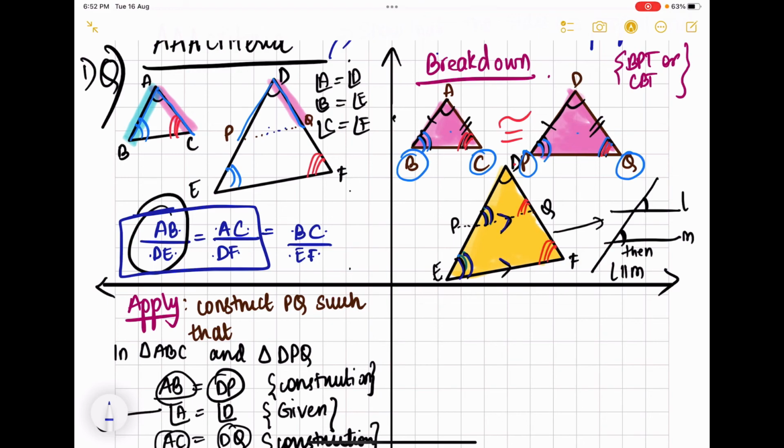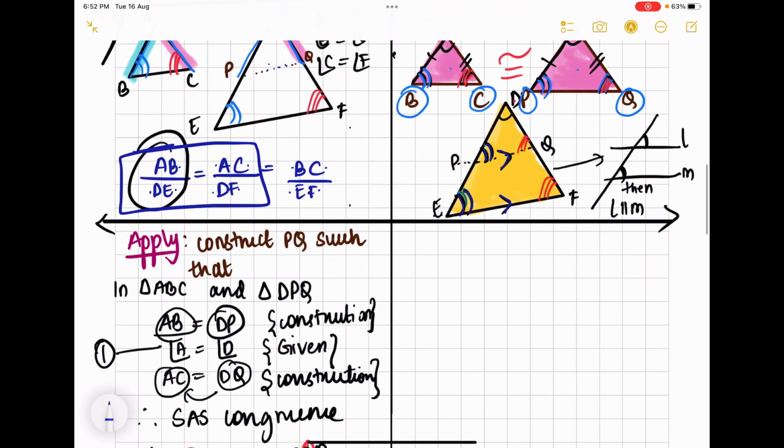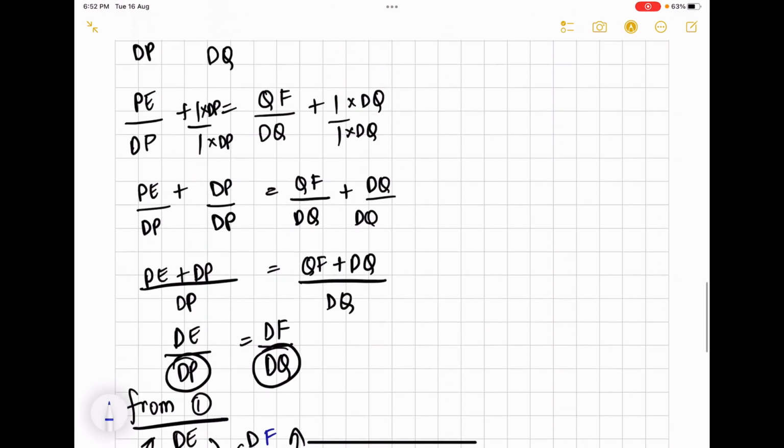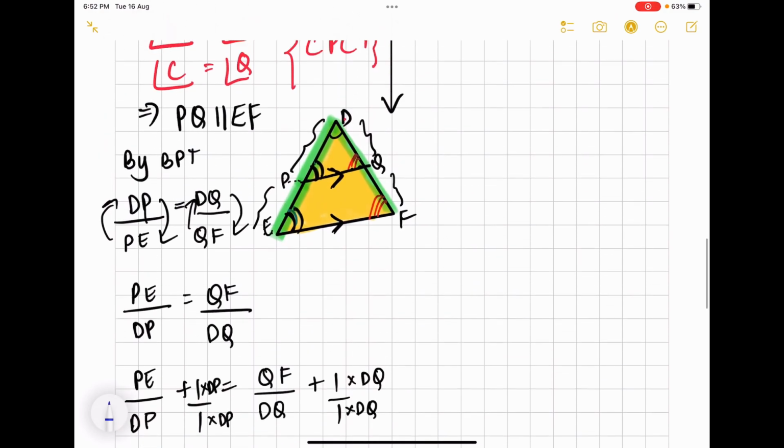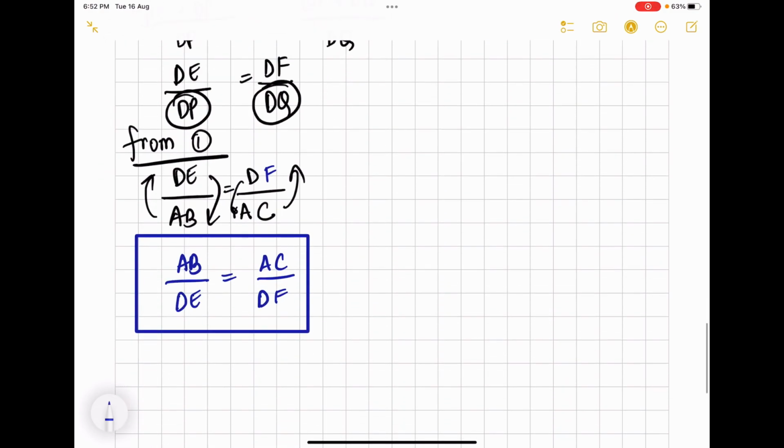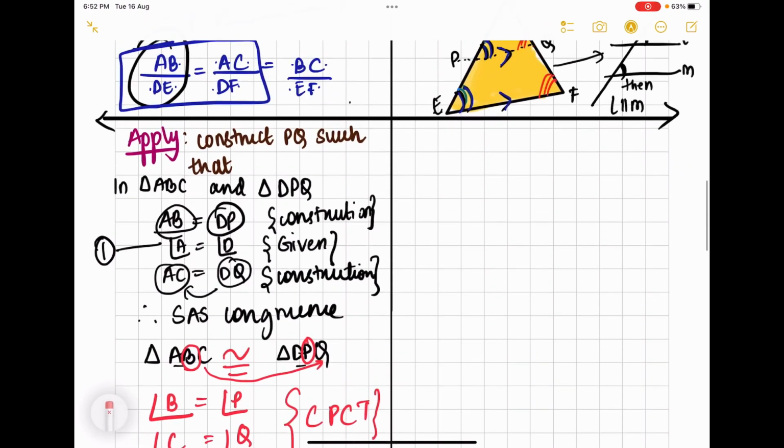So these two lines will be parallel, and because they are parallel, I can apply BPT theorem, and by applying BPT theorem and using the congruent parts of congruent triangles, I am getting this part.